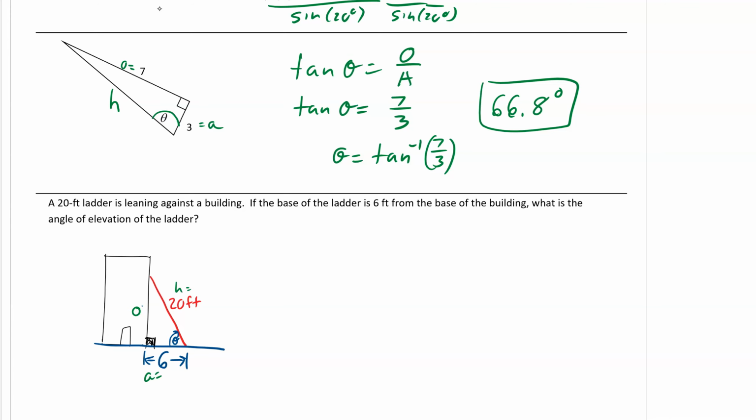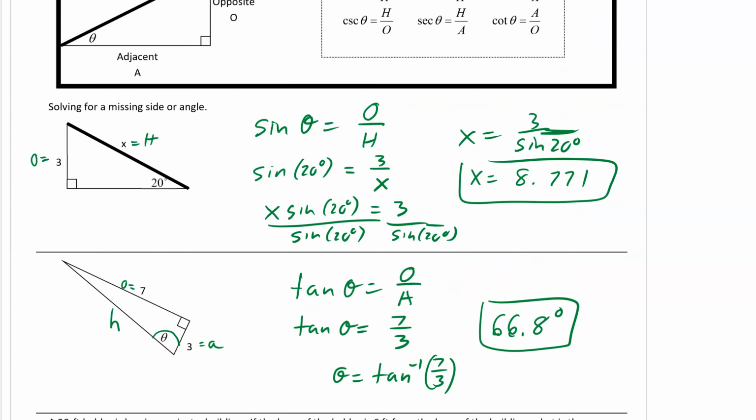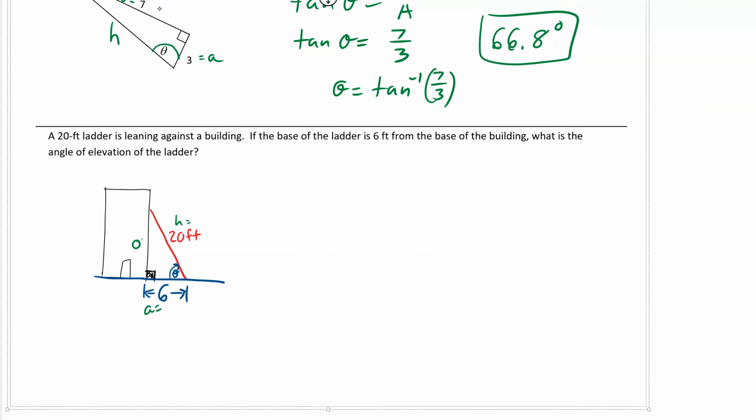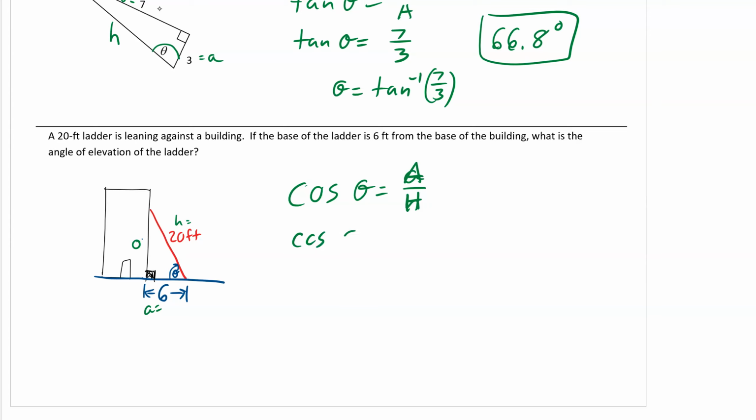Which one has A and H in it? Exactly, cosine. So that is our trig ratio, right? Cosine theta is equal to adjacent over hypotenuse, capital A, capital H. And so we put cosine theta is equal to 6 over 20.